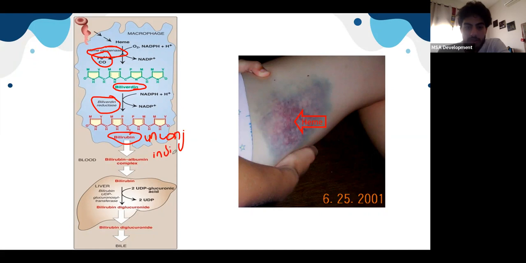This is the first form of bilirubin that we have. And this is all happening again in the bone marrow or in the spleen, in the macrophage.